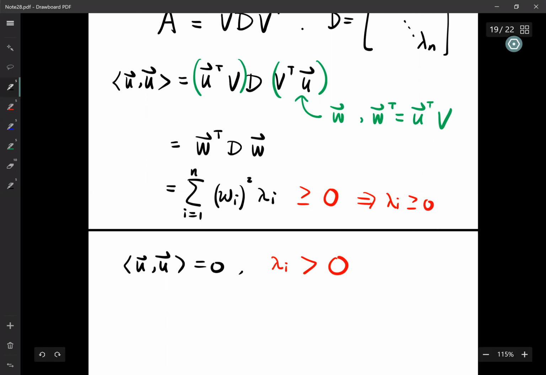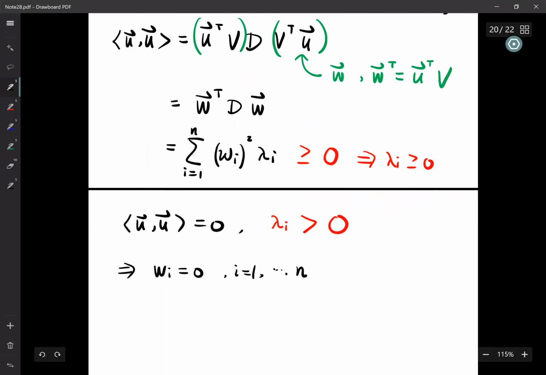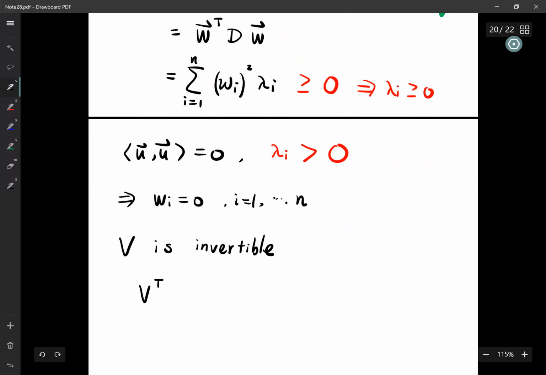If they are positive, then if (u, u) is 0, this means W_i is 0 for all i from 1 to n. But W is V transpose u, and V is invertible. So V transpose u equal to 0 means that u is 0. So it is an inner product.